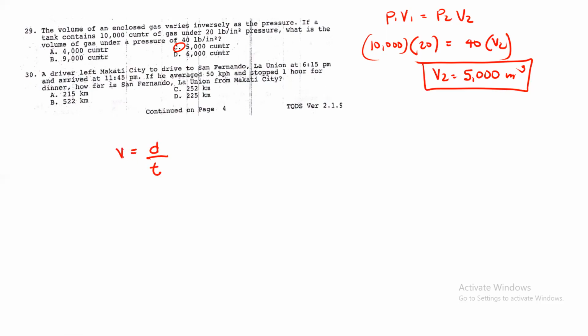His average velocity is 50 kilometers per hour, so 50 km per hour is equal to distance divided by time. We are looking for the distance, so let's find the time first.